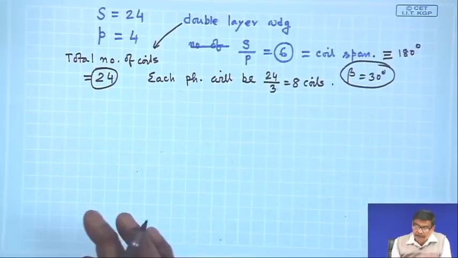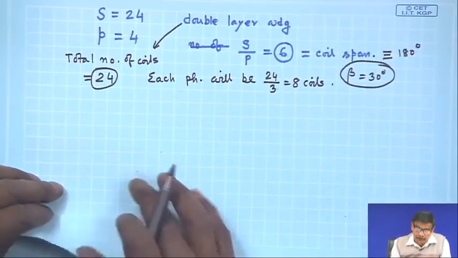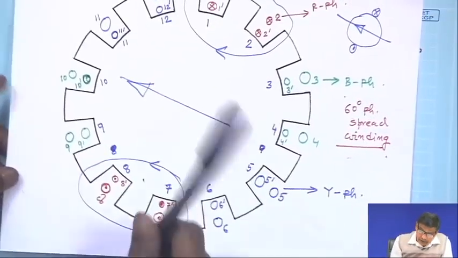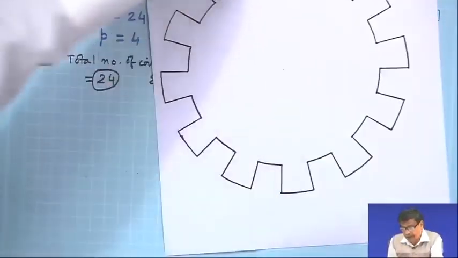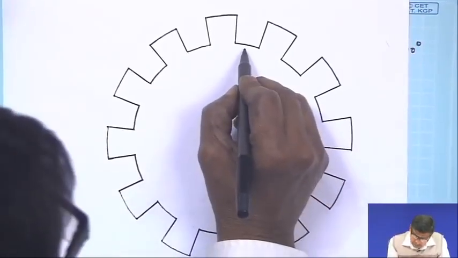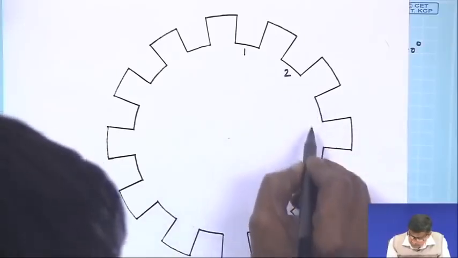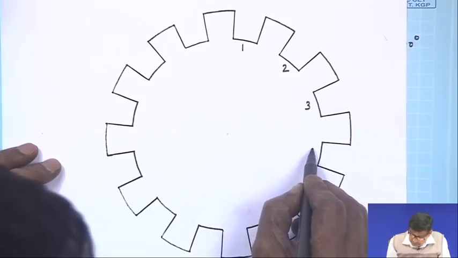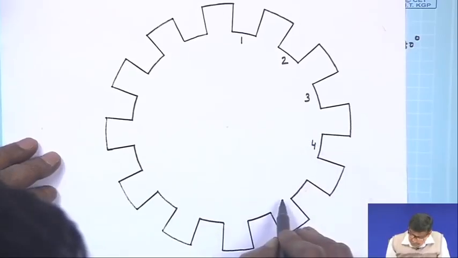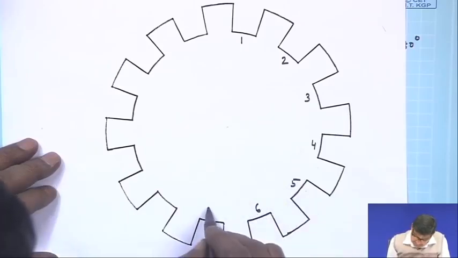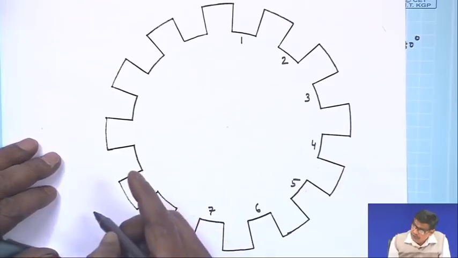This time, first what I will do is very simple, that is why I am telling. I will not first show these sections etcetera, but I know now it is 1, 2, 3, 4 up to 24. For example, it is like this. Suppose you say this is 1, 2, 3, 4, 5, 6, 7.